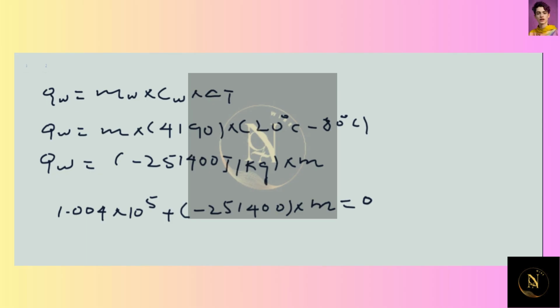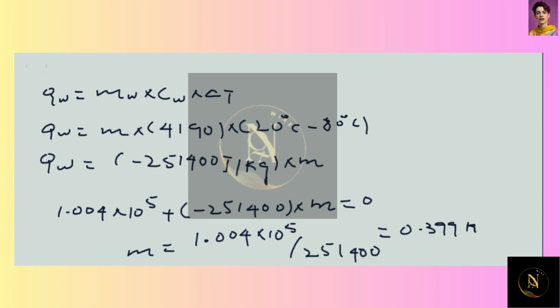And solving for M, we have M is equal to 1.004 multiplied by 10 to the power 5 divided by 251,400, and this is equal to 0.399 kilograms, which is our answer.